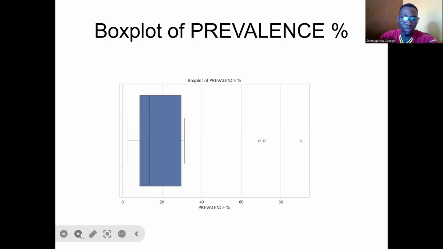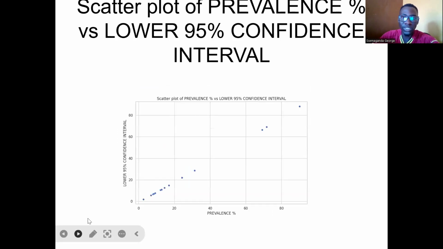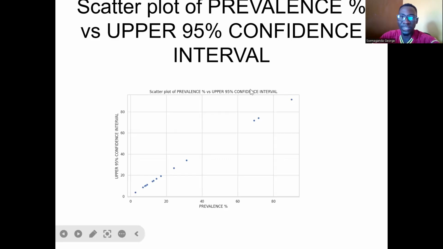So this is a box plot for the prevalence value, then a scatter plot for prevalence versus year, which is normally distributed, and then a scatter plot for the lower 95% confidence interval that has a gradual increment between the lower and then the prevalence value, the lower confidence interval with the people who are responding to this statistics study, and then still the same thing.